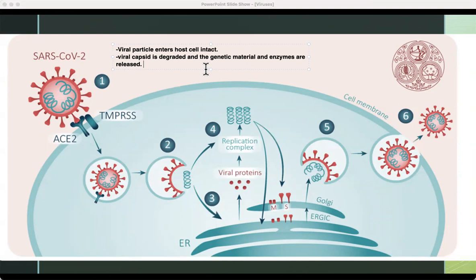Now, the only thing you need to remember here is once the genetic material and enzymes are released, additional viral genetic material and proteins are produced.